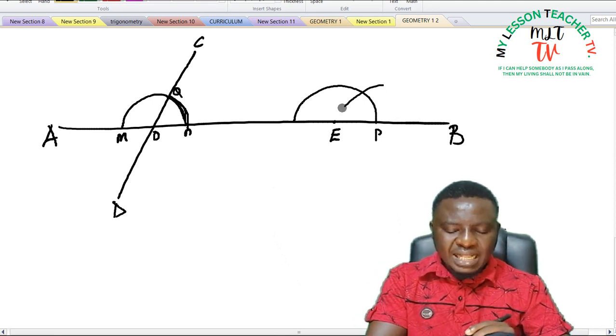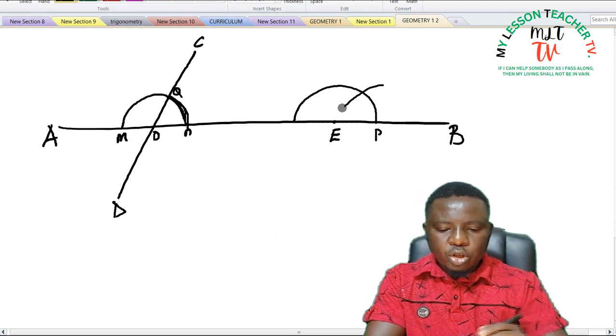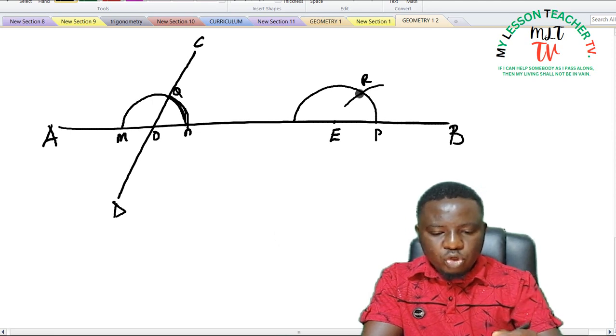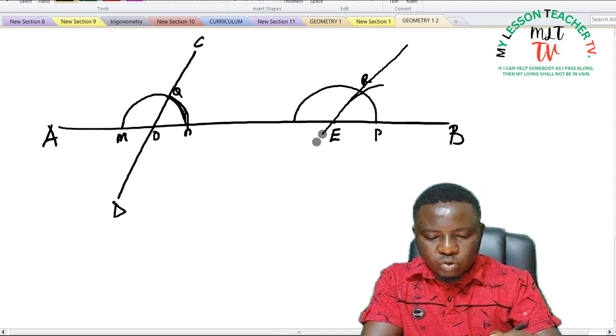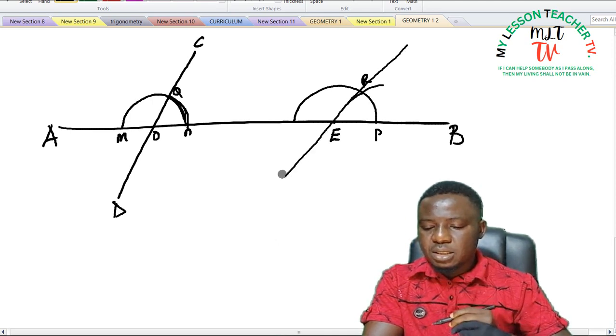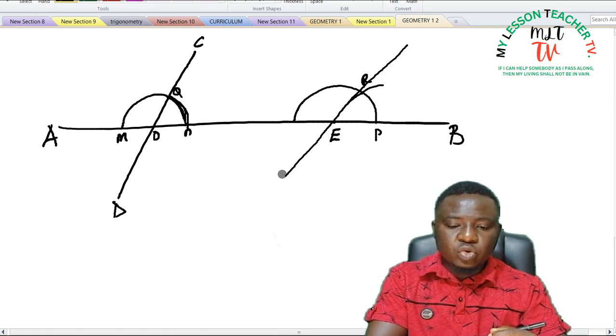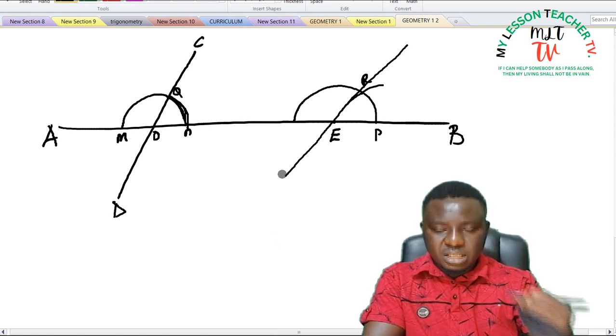Once that is done, you are to name that place. Let's call that point R. Now, draw a line through ER, and that gives you the required parallel line. Mine is a freehand sketch, so you may not get it accurately.